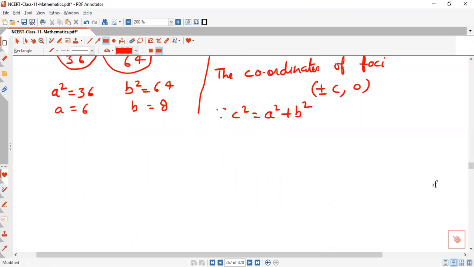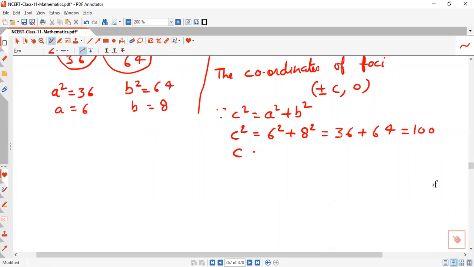Now put the values here. c square, a is 6, 6 square, plus b is 8, 8 square. 6 square means 36, 8 square means 64. Add these two numbers and you get 100. So c square is 100, so c comes out 10. So the coordinates of foci will be plus minus 10 comma 0.